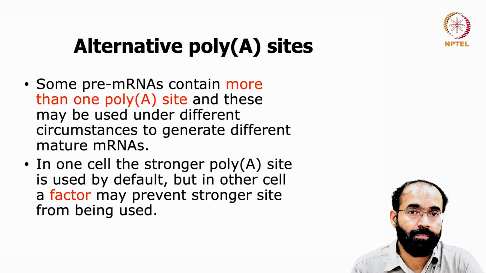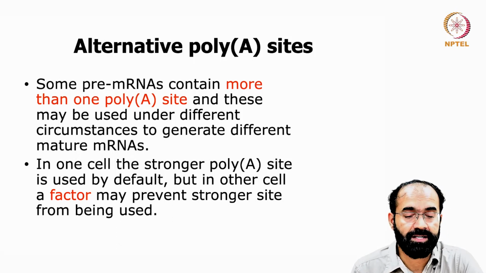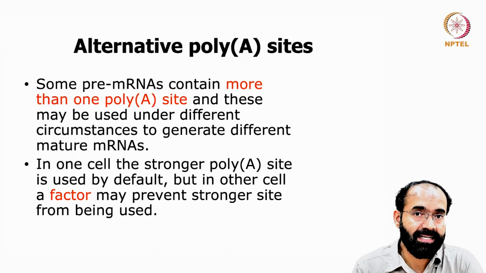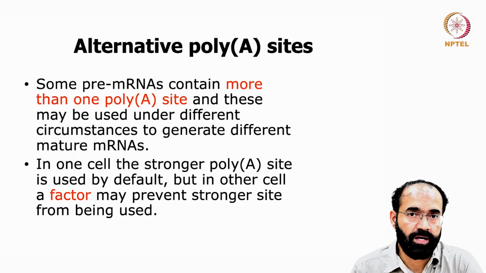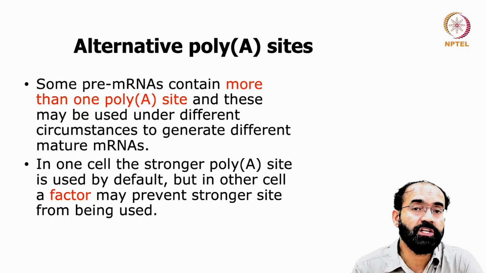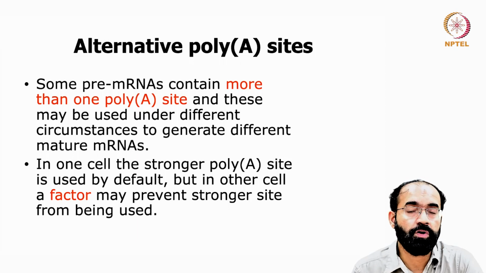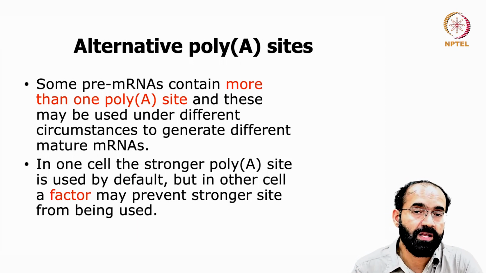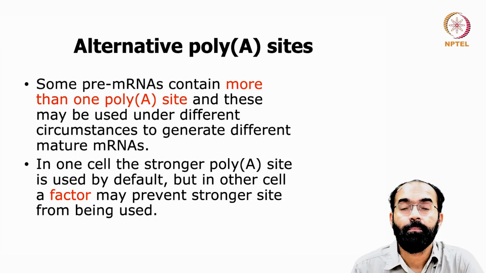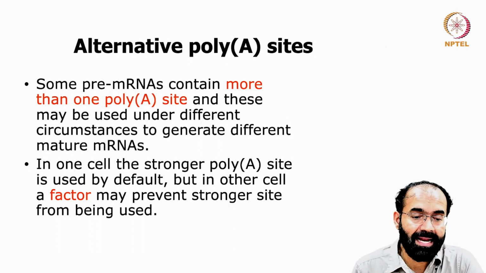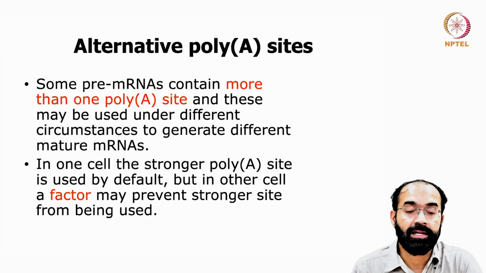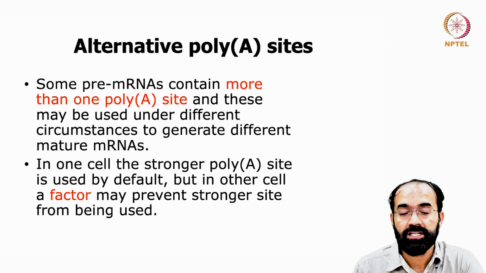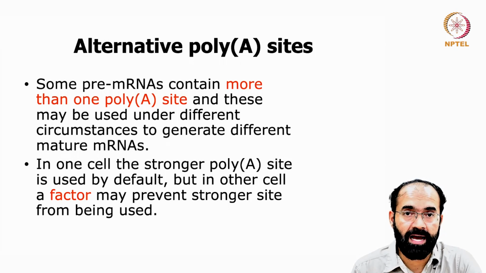In the previous sections I already mentioned that poly-A sites can be many, not just one. Some genes will have 3-4 poly-A sites, and which you will use depends on which tissue you are talking about. One gene can be expressed in 10 different tissues, but poly-A site utilization need not be the same. Some pre-mRNAs contain more than one poly-A site, and these may be used under different circumstances to generate different mature RNA.